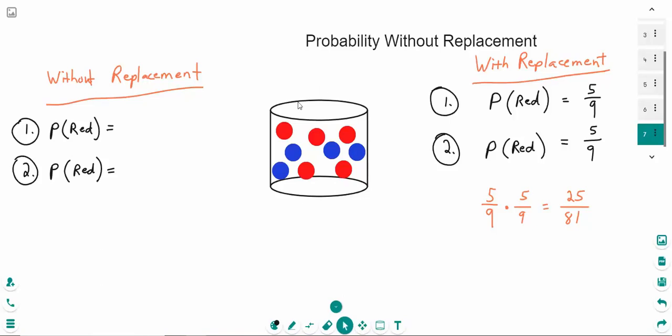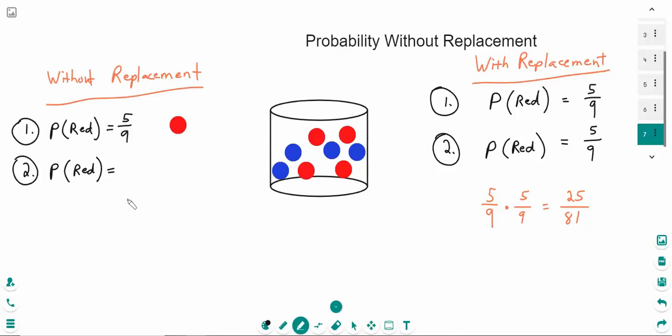So if I dip in and I am fortunate enough to pull out a red, what was the probability of that happening? Well, it's again 5/9, the same thing as before. Nothing changes. 5 desired marbles out of the total 9 marbles in the jar. Now, if I pull out that red, I can say, all right, I'm on the road to completing this successfully.